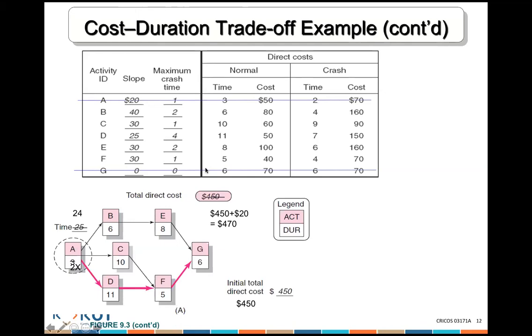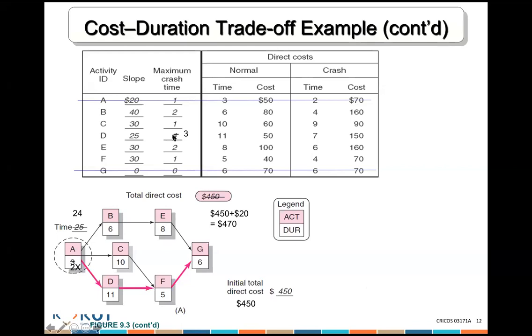Now, the 24, what will the 24 become? 23. And the 470, what will it become? 470 plus 25, so how much is it? 495. Correct.